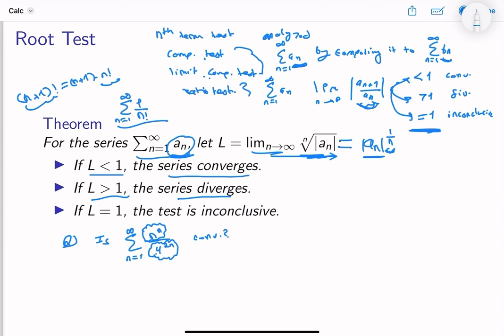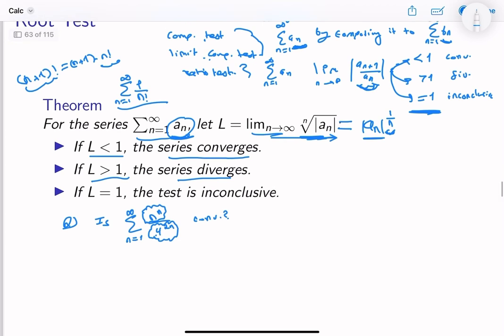So let us try it. The sequence a_n is n to the n over 4 to the 2n. Now a_n is positive, so no need to carry the absolute value. Let us look at the nth root of a_n.